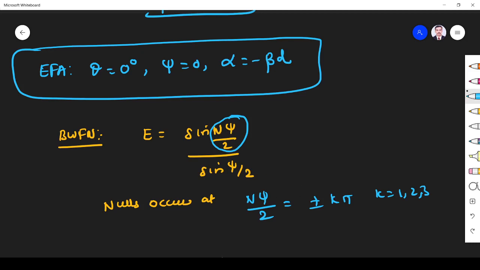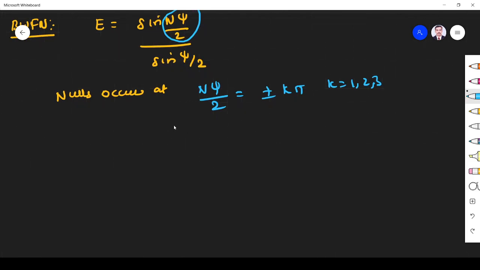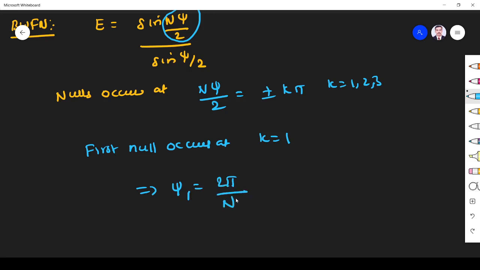So that's what nulls occur at: n psi by 2 equal to k pi. First, let us assume first null occurs at k is equal to 1. This implies psi is equal to psi 1.